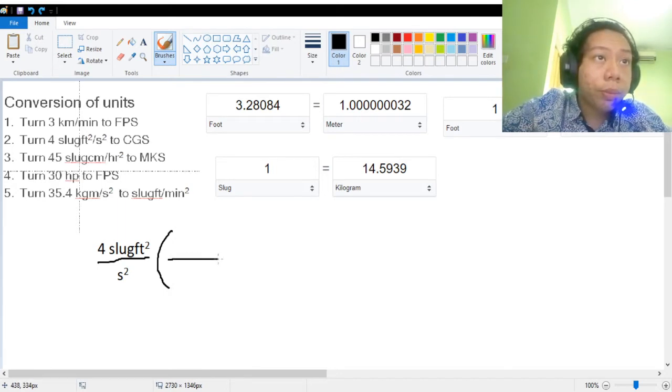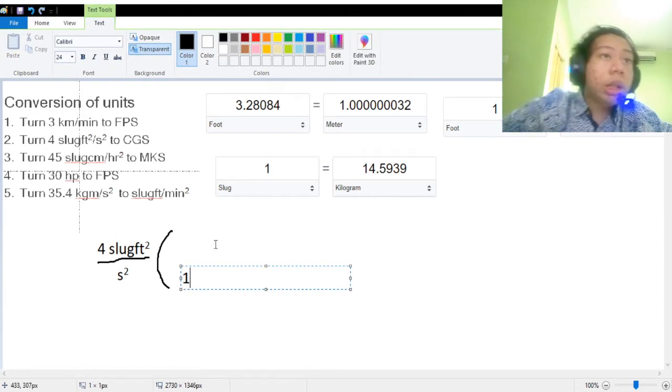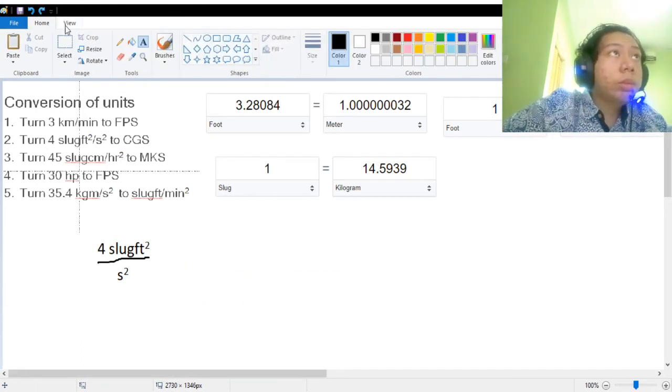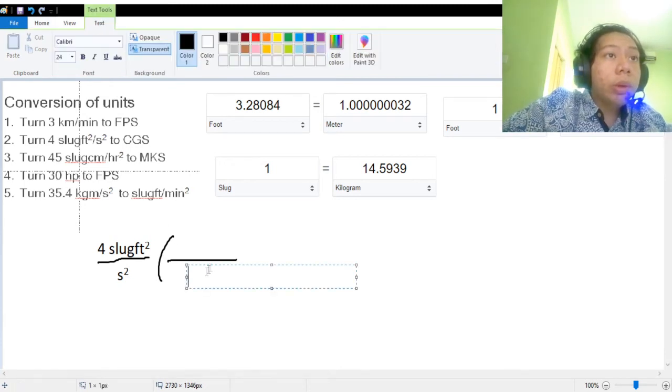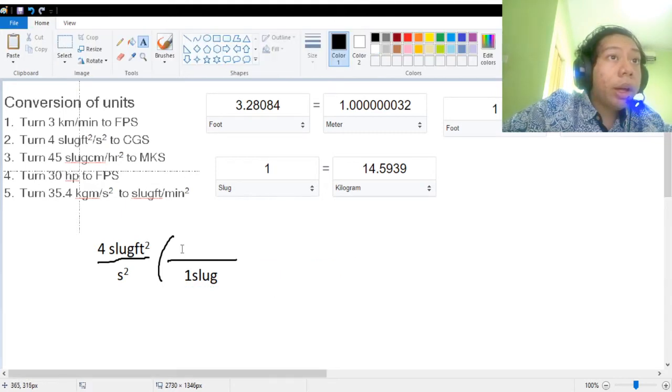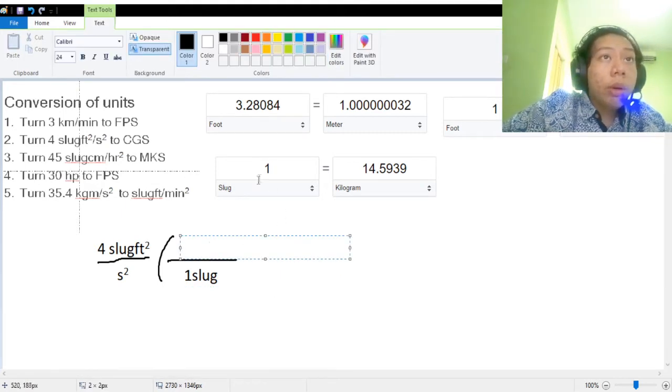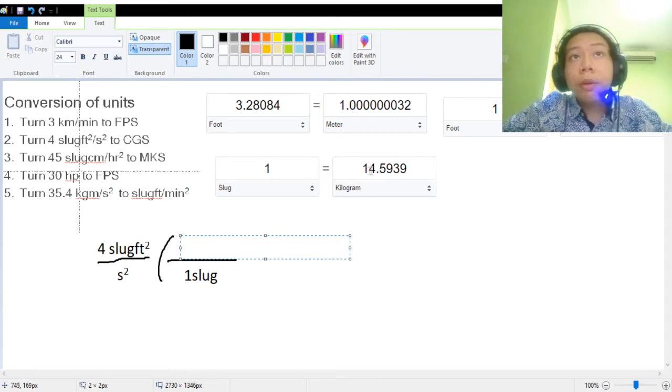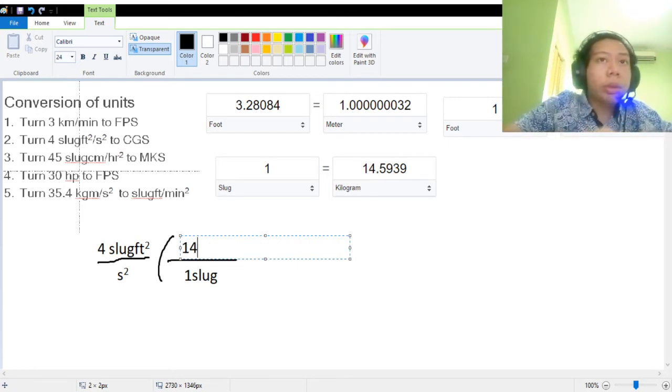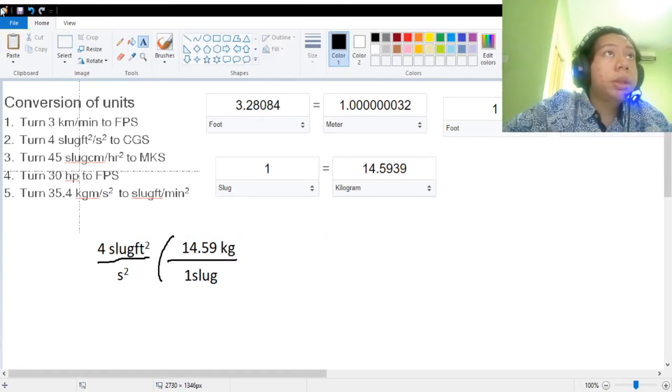So to cancel slug, this slug on top, we need to put one slug. Oh, sorry. We need to put one slug on the denominator side, and on top one slug is equal to approximately 14.59 kilograms.